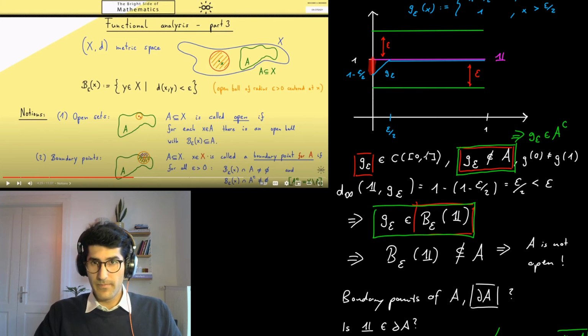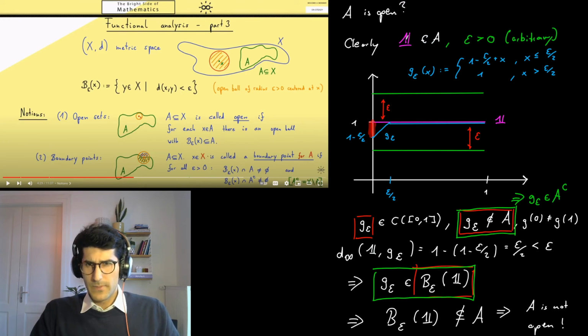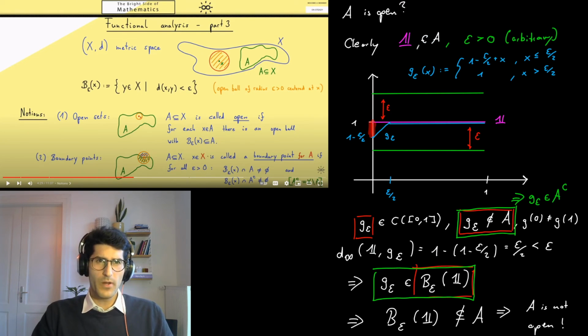So let's go again back to our sketch here. Recall that we started out with one specific function inside A, the constant function 1. Would the construction have been very different if we would have taken another constant function?